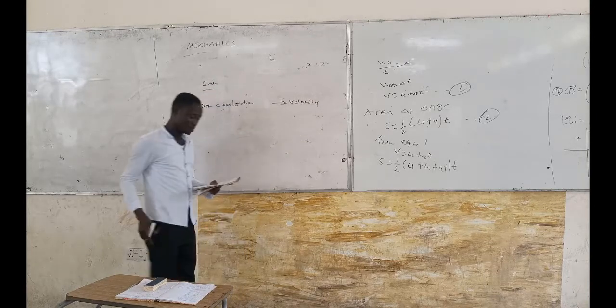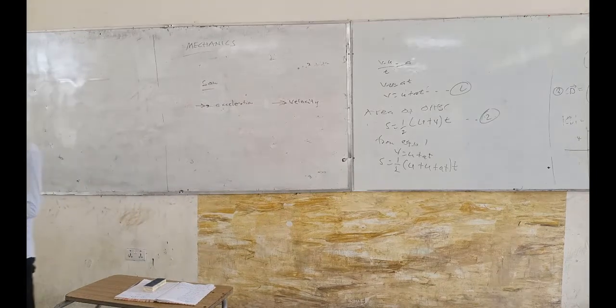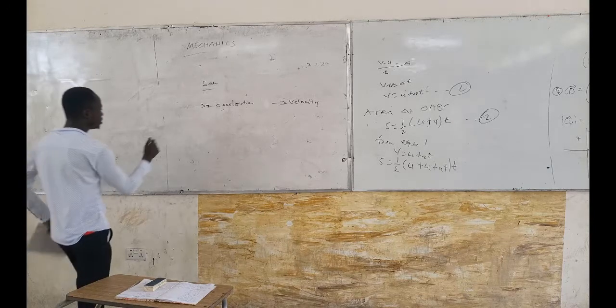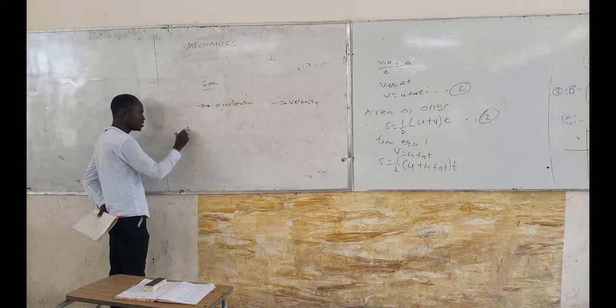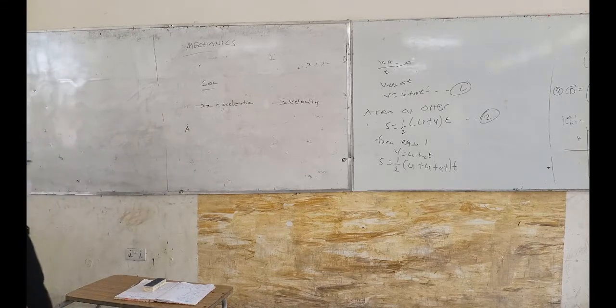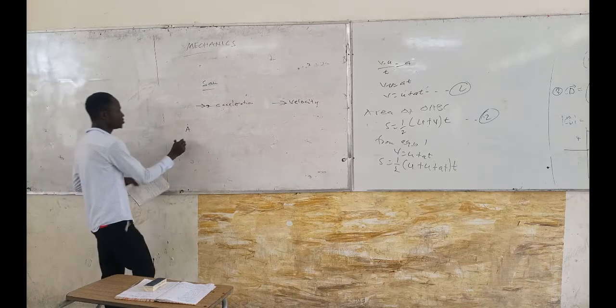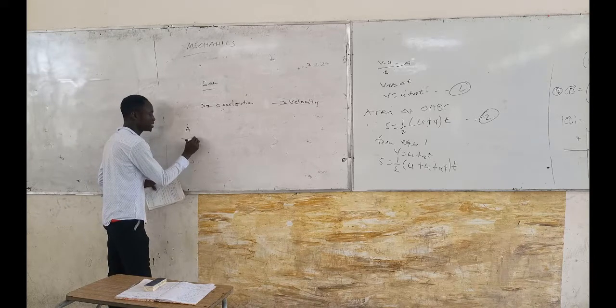This one is nothing, I just want to remind you. The problem said a particle starts from a point A. Let's begin to draw a diagram. This is my point A. And then what happened? With velocity 3 meters per second.